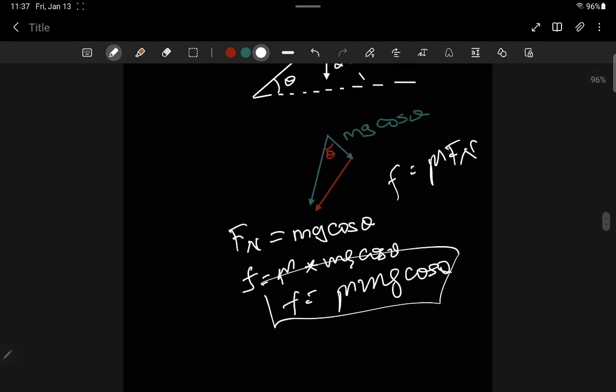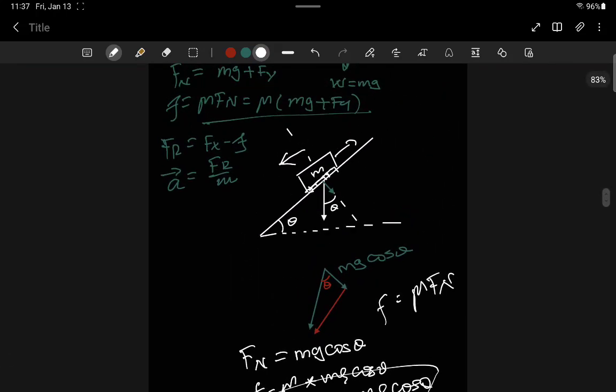Now in this ramp, we have what? We have a sliding force downward, which is the sine component of the weight. Now the friction is going to appear like this. The friction is resisting the motion, because if the direction of acceleration is downward like this, then the friction is going to be in the upward direction.